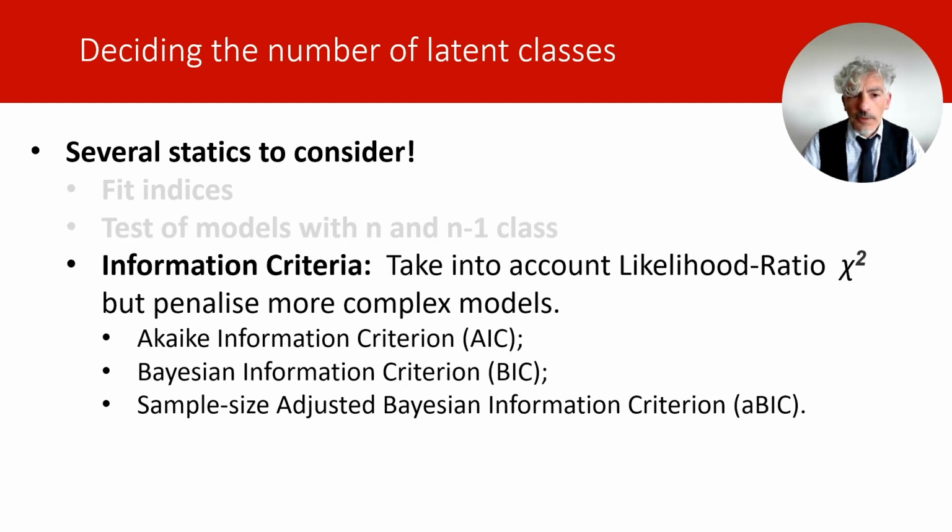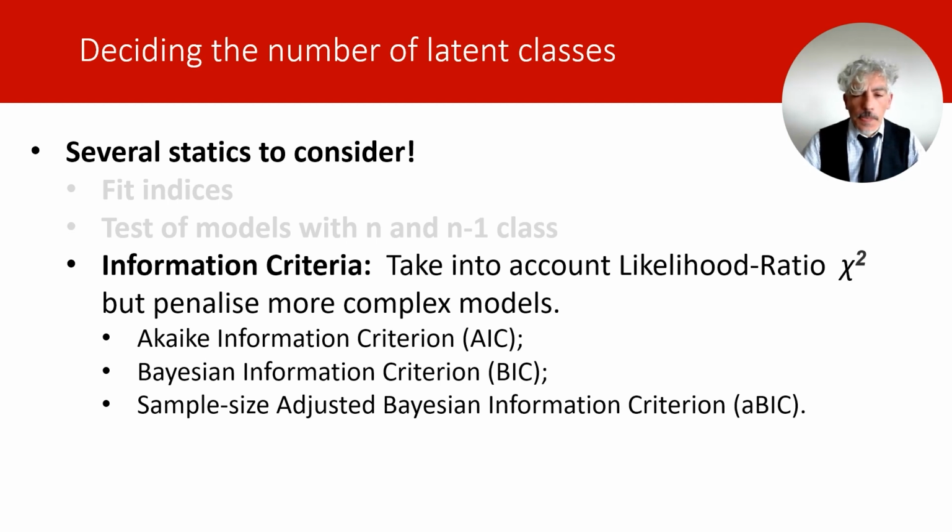Information criteria are also very useful in comparing latent class models. The information criteria we use are based on the likelihood ratio chi-square, but penalize more complex models, those with an increased number of parameters.